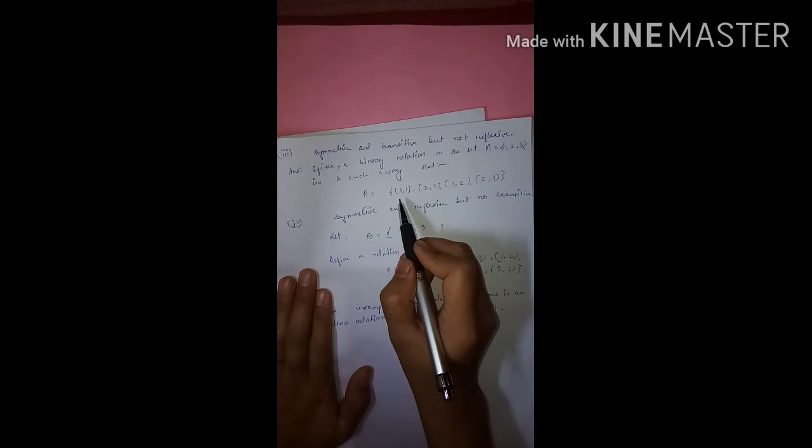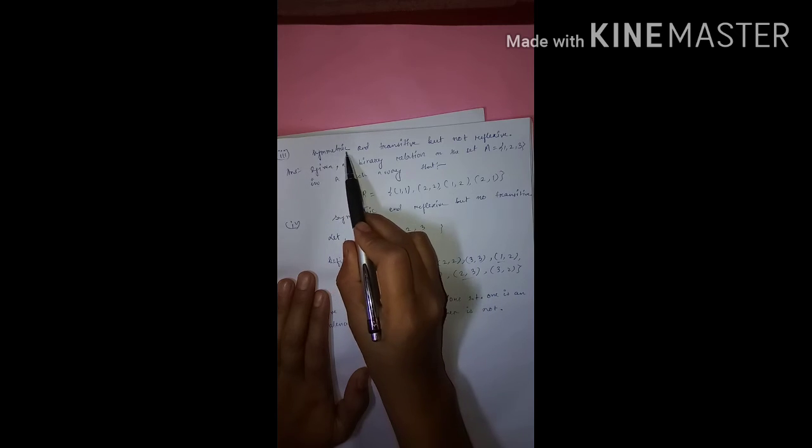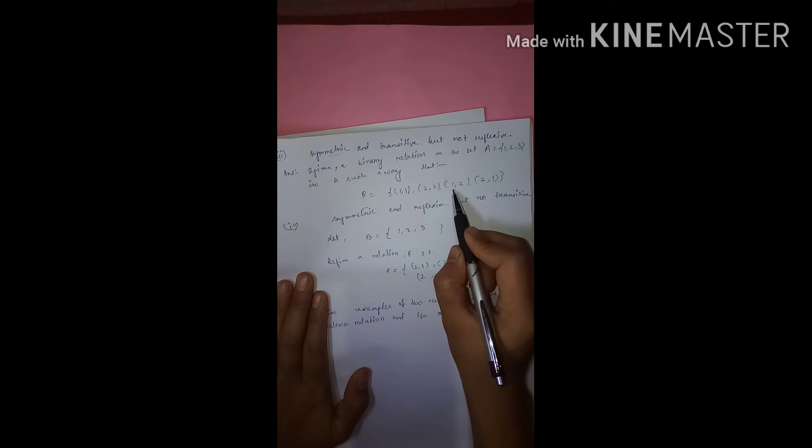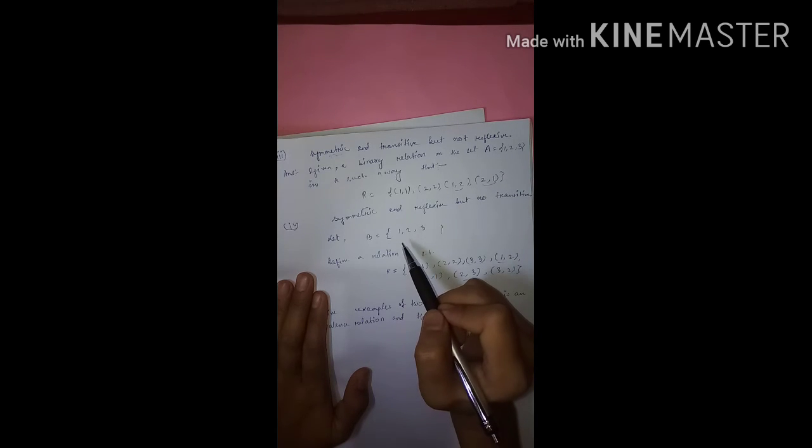So R contains these elements. Now these elements satisfy this symmetric and transitive relation. So for symmetricity, (1, 2) stands for (2, 1). So this is symmetric, right?